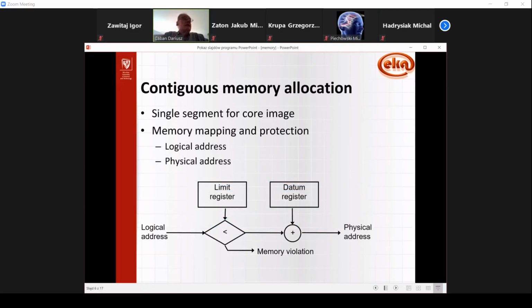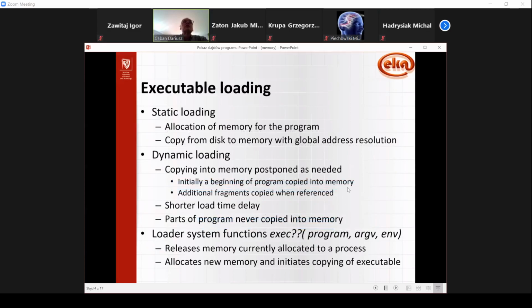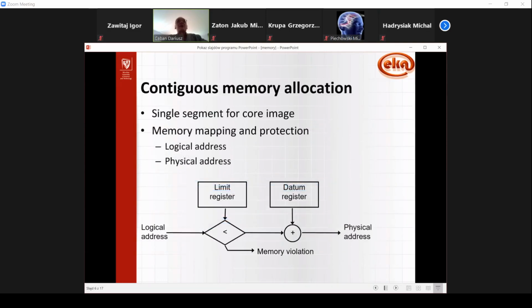Okay, the next thing that I wanted to talk about is memory allocation. Memory allocation is something that I said a few slides ago: static loading means that you need to allocate memory for the program. That is what I'm addressing now: how the operating system allocates memory to the programs.